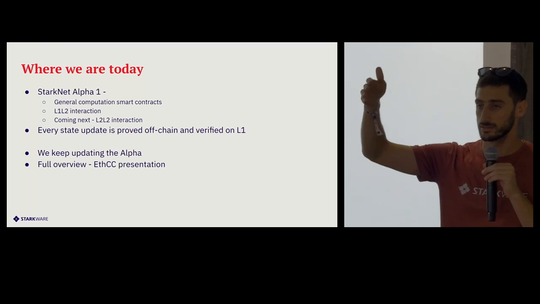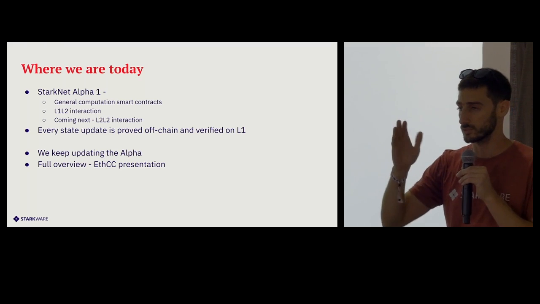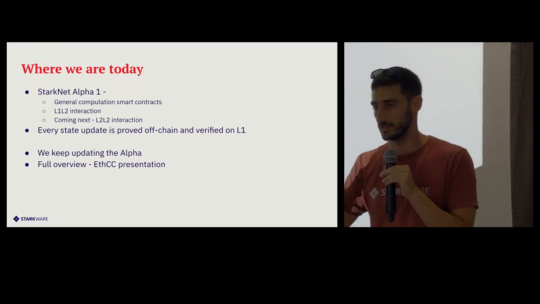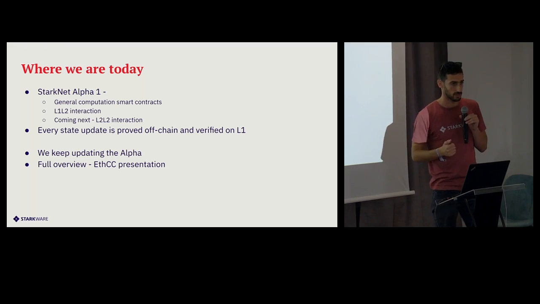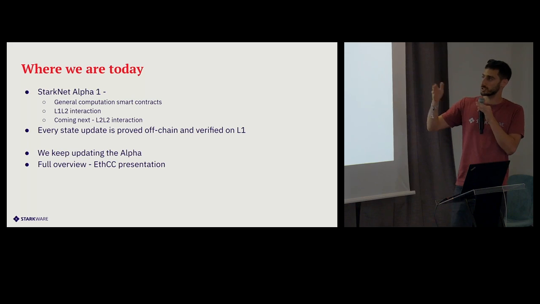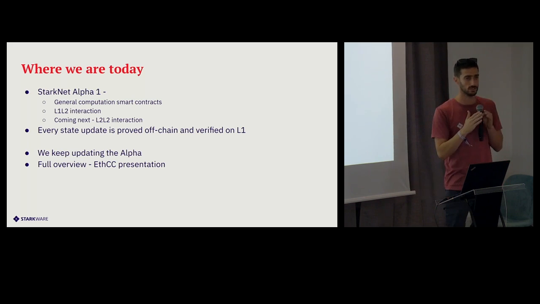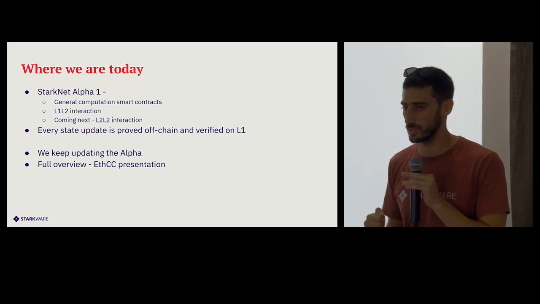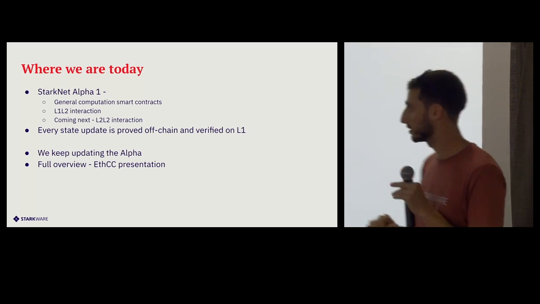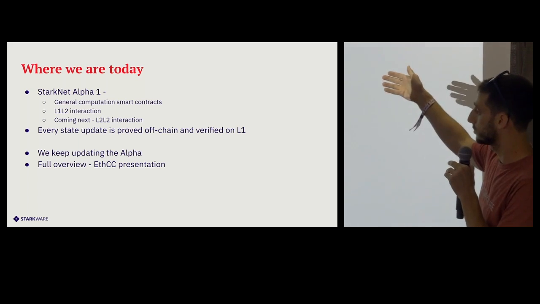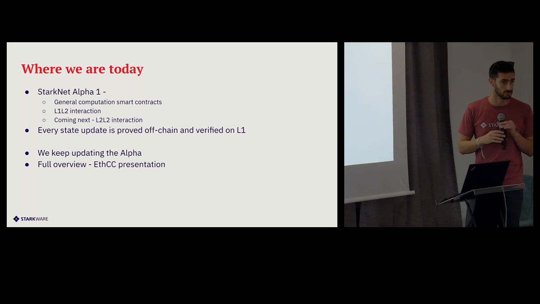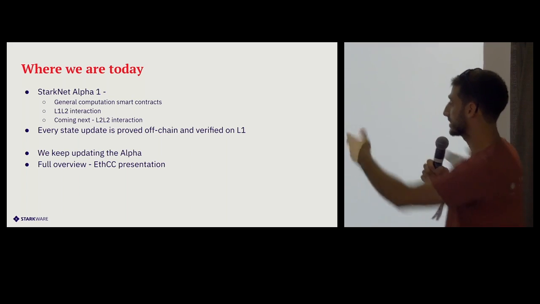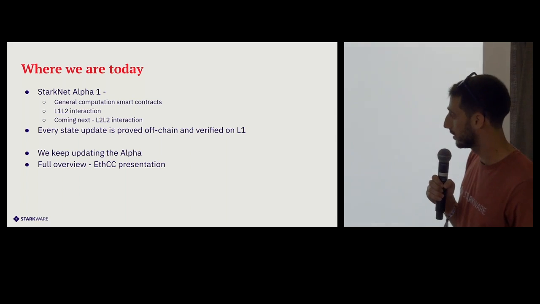The state updates to this network are proven off-chain and verified on-chain, meaning each transaction, deploy transactions and interaction transactions, is batched together, and when you do a state update on L1, which I will get into in a second, it is backed by a validity proof. Is this clear? Okay. And as I've said, we keep updating the Alpha.